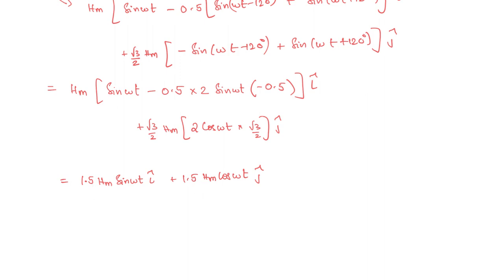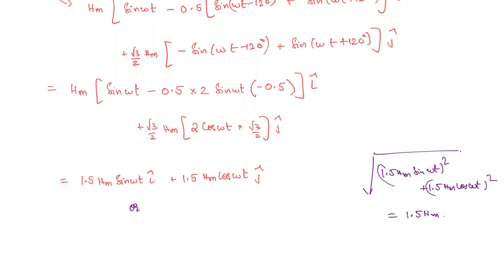If you write in magnitude-phase form, then the magnitude will be root over 1.5 Hm sine omega t whole square plus 1.5 Hm cos omega t whole square, right? If you find this out, you're going to get 1.5 Hm, because sine square omega t plus cos square omega t is simply 1. So the magnitude is 1.5 Hm.